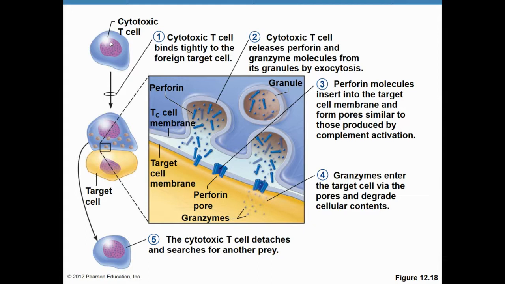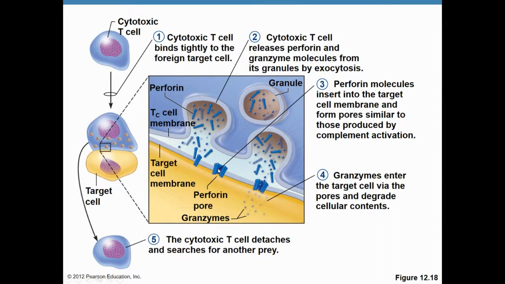And the way that they do it is different from the way that antibodies work. Cytotoxic T cells are going to release what's called the lethal hit. It has these little cytoplasmic granules, and the granules are going to contain two different types of proteins.